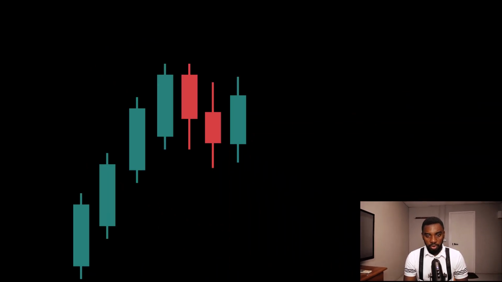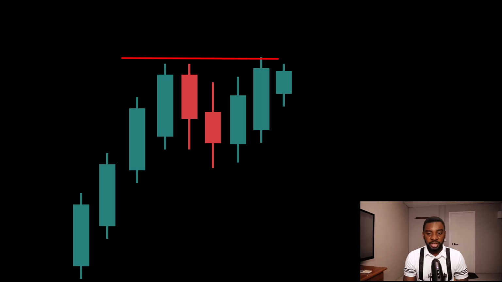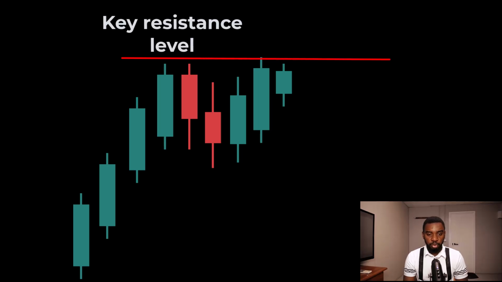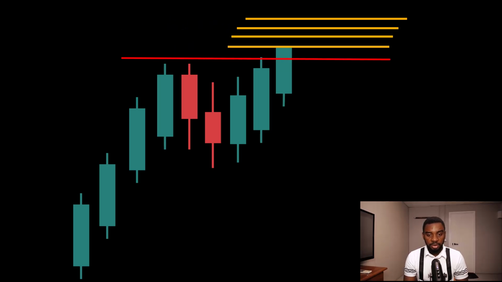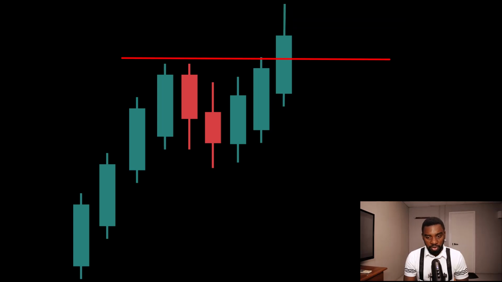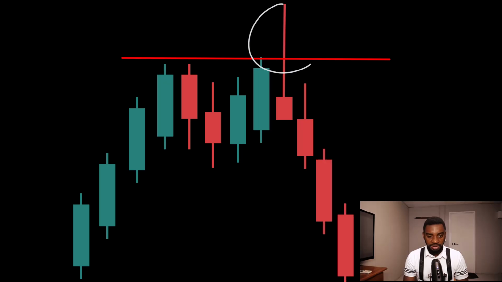A liquidity grab occurs when the price momentarily breaches a key support or resistance level, triggering stop loss orders and then swiftly reverses. This move is often orchestrated by institutional players to accumulate positions at better prices.